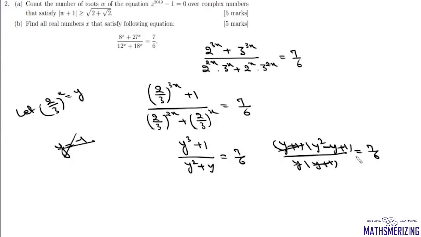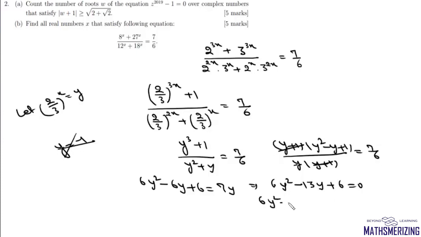So then we'll have this condition, which is 6y square minus 6y plus 6 equals 7y. So we can write this as 6y square minus 13y plus 6 equals 0. We'll factorize: 6y square minus 9y minus 4y plus 6 equals 0. So here it will be 3y into 2y minus 3, and then minus 2 into 2y minus 3.